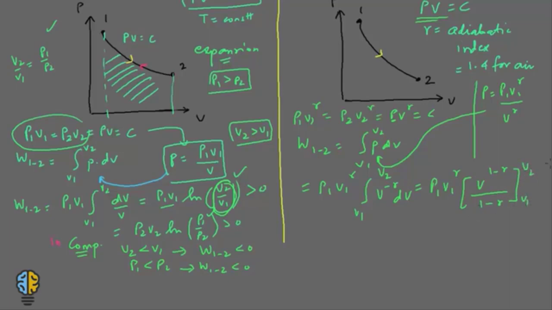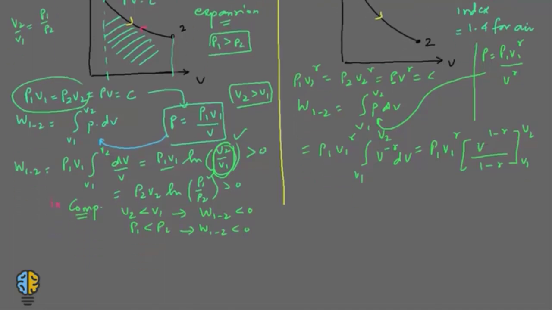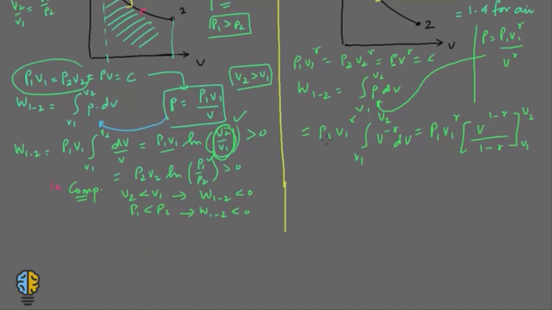So this is what you have. Let's manipulate it algebraically, and we would have P1 V1 to the power gamma upon 1 minus gamma into V2 to the power 1 minus gamma minus V1 to the power 1 minus gamma.